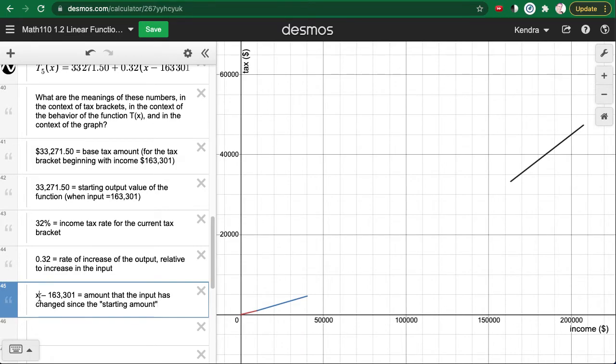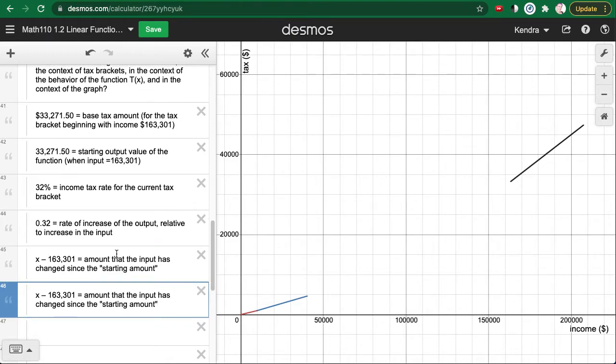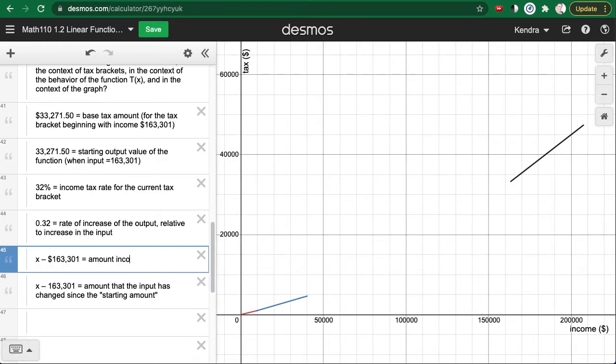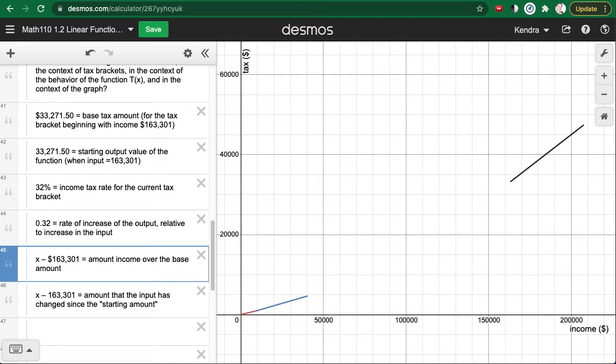And let's put this in context of the numbers. So this is the amount of income over the base amount for the tax bracket.